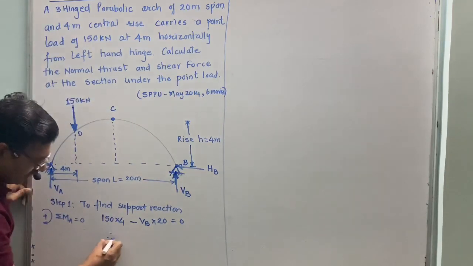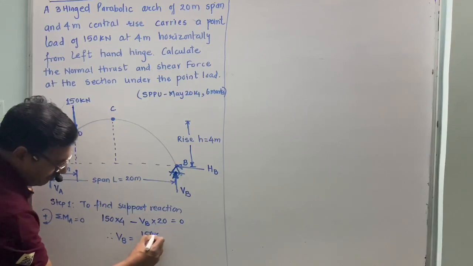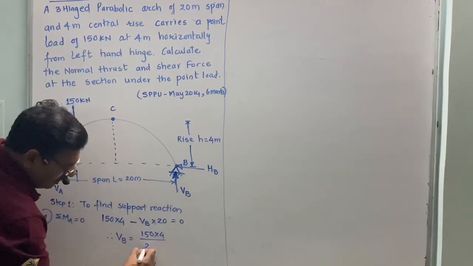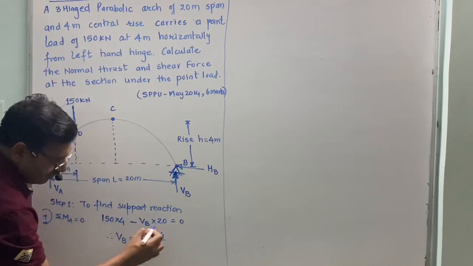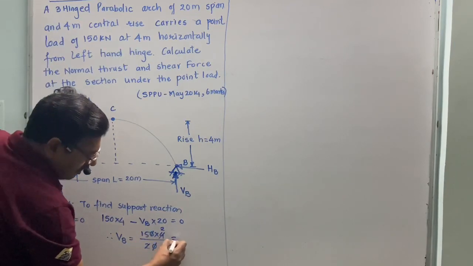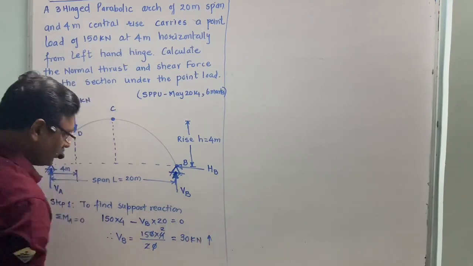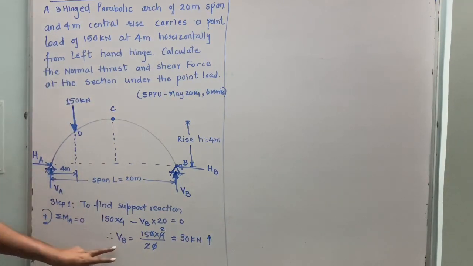From this VB is equal to 150 into 4 divided by 20, which gives 30 kilonewton. So we got the support reaction VB.